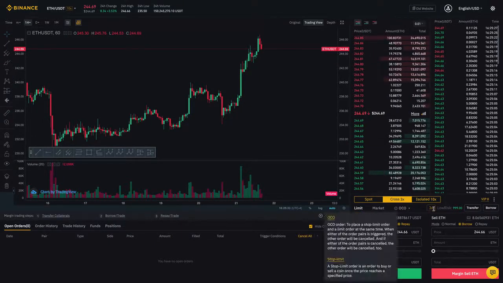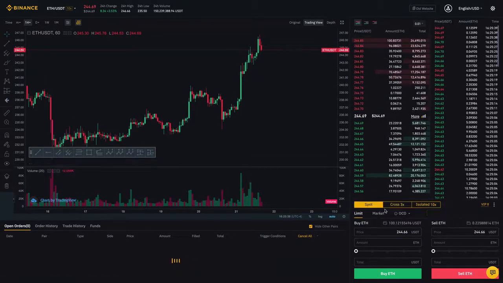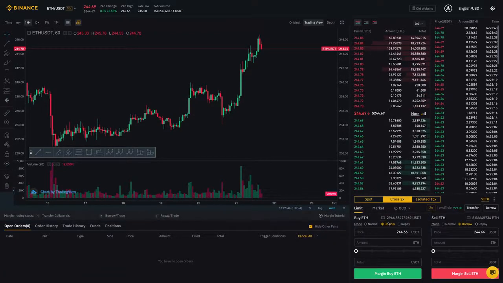So when you margin trade, just as you would on spot, what margin trading is, you're borrowing funds to now place your order, right? So for example, if I do normal, I can only buy a maximum of $970 worth of USDT at whatever price, right? But if I borrow, now I can borrow up to this amount to place an order, right? So that's what the borrow is.